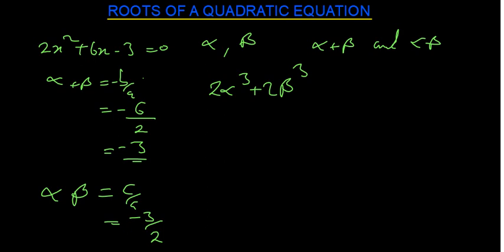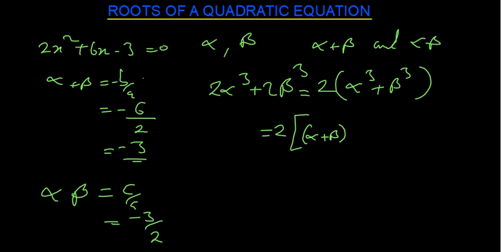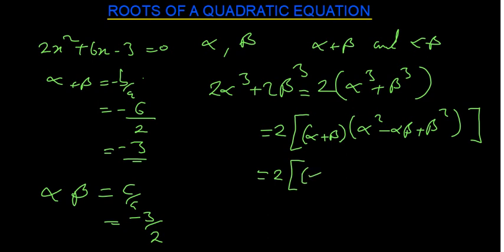Now we can factorize this. That is going to give us 2 open bracket alpha power 3 plus beta power 3. So we can actually factorize a sum of 2 cubes. After factorizing, what we are going to get is alpha plus beta multiplied by alpha squared minus alpha beta plus beta squared. Again, now we go further. What we are going to get is 2 open brackets alpha plus beta.